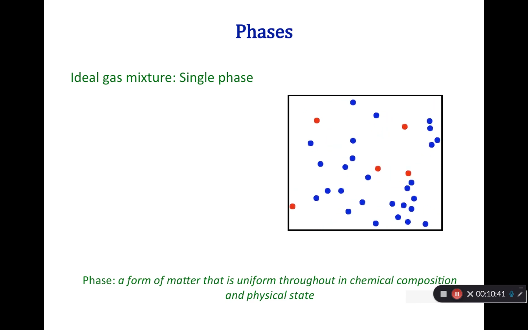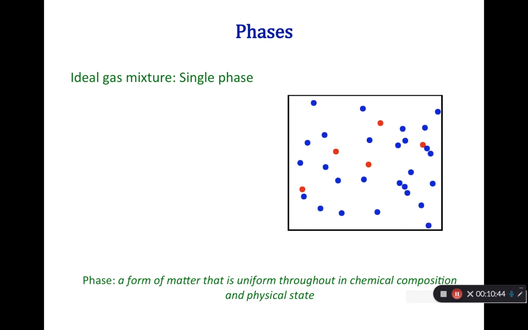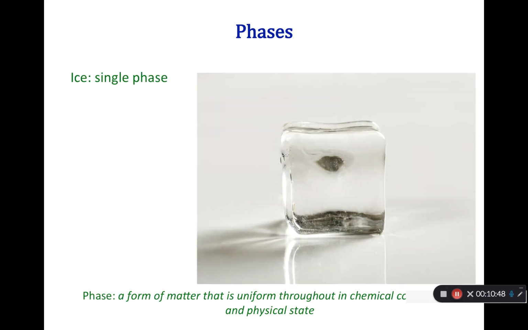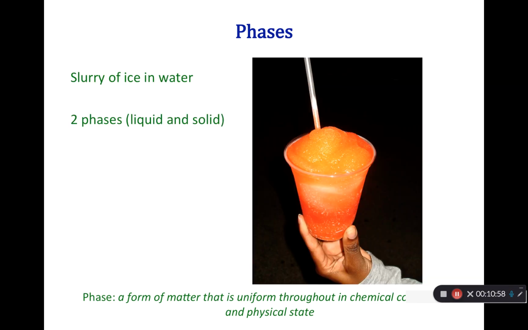And the physical state is also the same, so the system has a given pressure and temperature that does not change. Ice is a single phase, again uniform in chemical composition, no matter which part you make the measurement in. A slurry of ice in water, on the other hand, is two phases. There is a liquid phase and a solid phase.